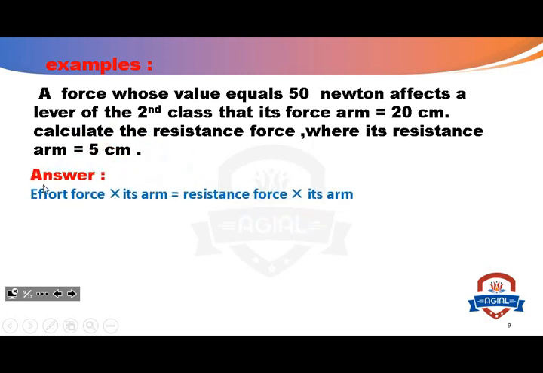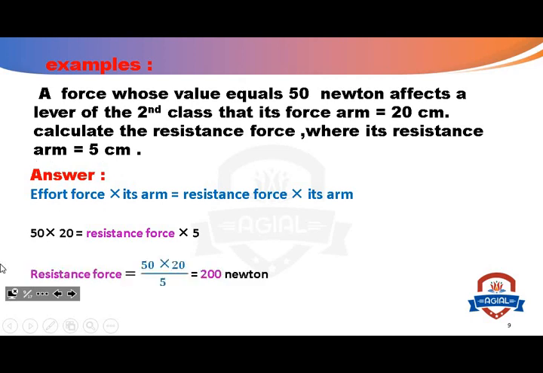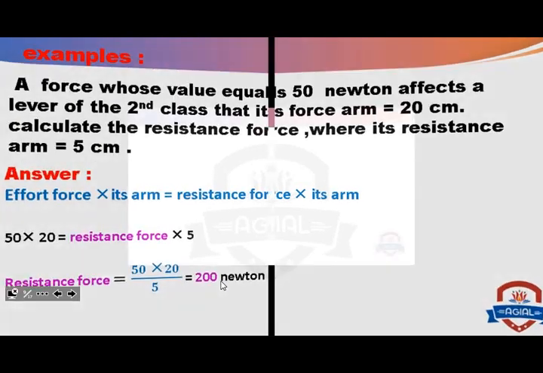First, the law of levers: effort force multiplied by its arm equals resistance force multiplied by its arm. So 50 multiplied by 20 equals resistance force multiplied by 5. So the resistance force equals 50 multiplied by 20 divided by 5, which equals 200 Newton.